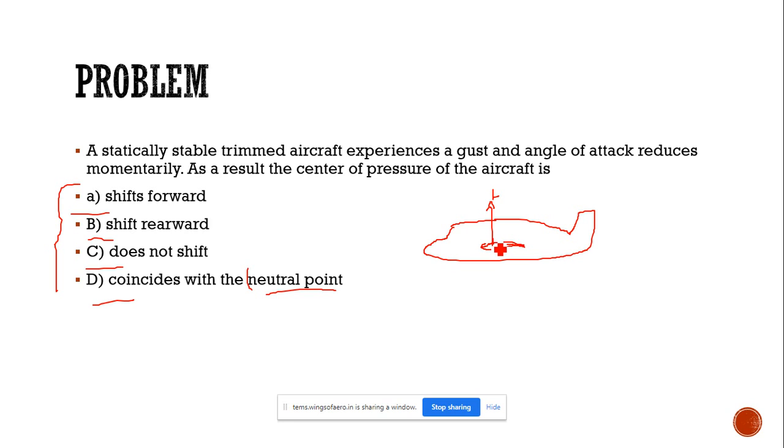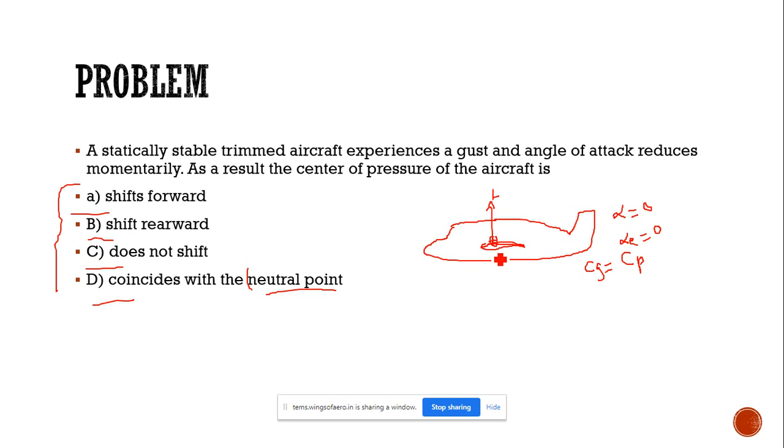The CG and the center of pressure remain the same. When the trimmed angle of attack, alpha E, is zero, that means the aircraft is in steady level flight. Then CG is equal to CP, that is, the center of pressure is equal to the CG.